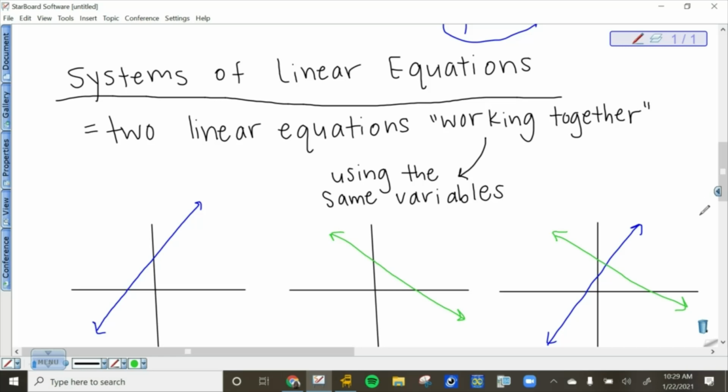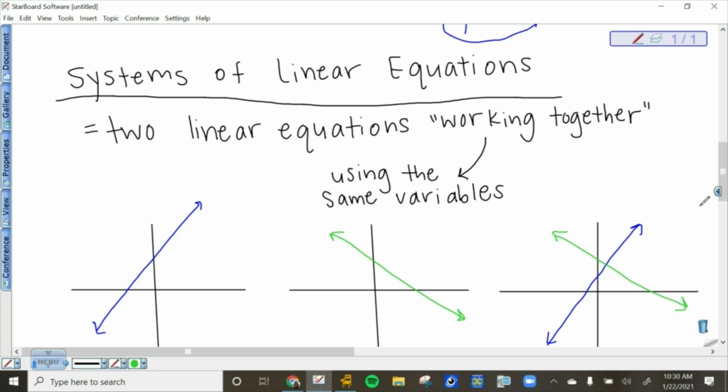So I want you to think about, if we're looking at two different lines, how many different ways could they cross? Show me. You can use your arms as an example.